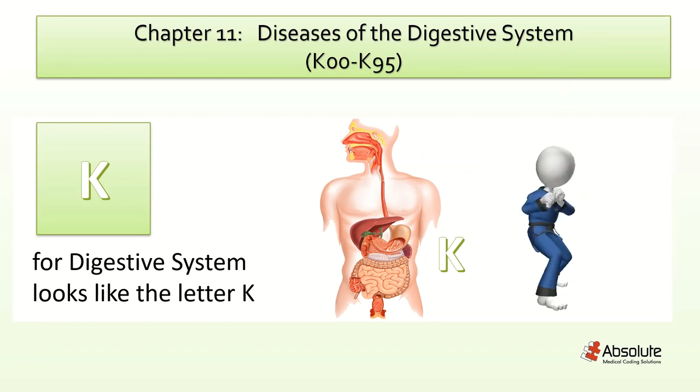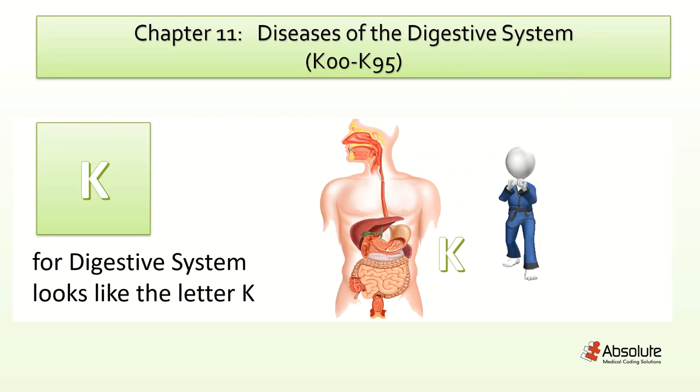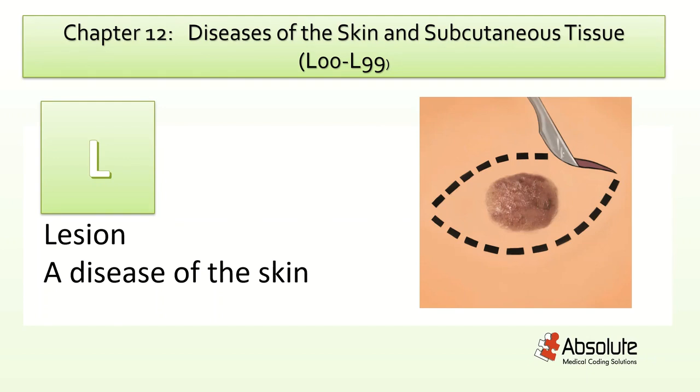All right, Chapter 12. Chapter 12 is the category for diseases of the skin and subcutaneous tissue. The category begins with L00 through L99. So when you think of diseases of the skin, think letter L. And what sight word begins with the letter L?